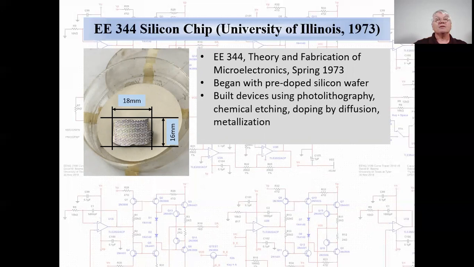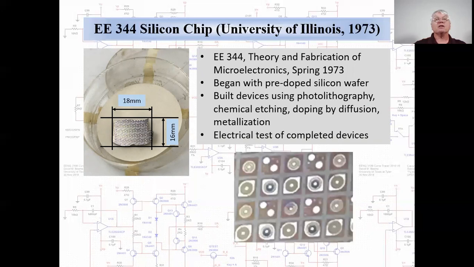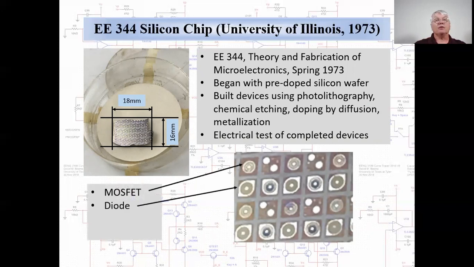We built devices, actual microelectronic devices, on our silicon wafers. We followed that with electrical test and characterization, and the chip actually contained working devices. Among the other working devices here are a MOSFET, a diode. Here we have some MOS capacitors and a bipolar junction transistor.